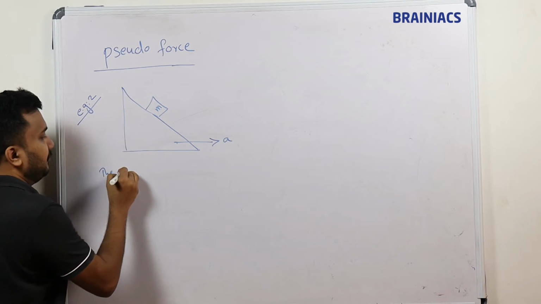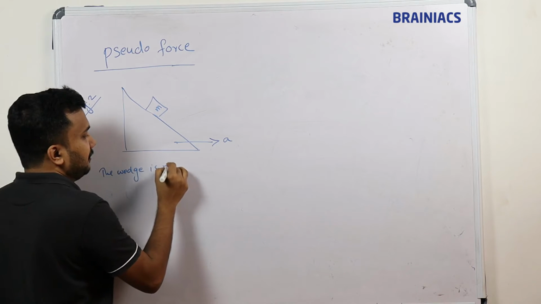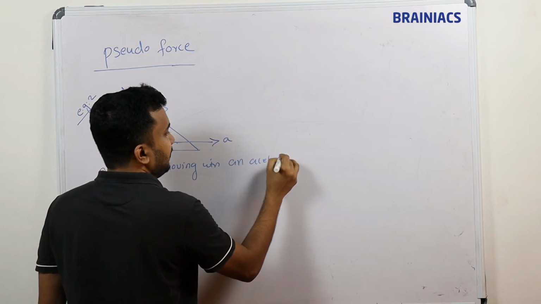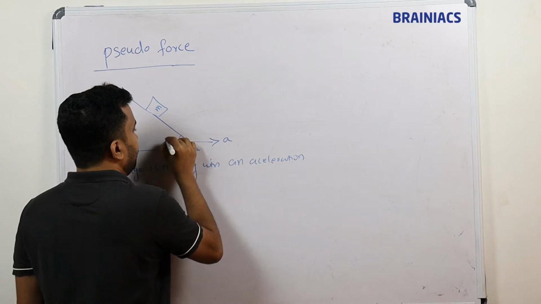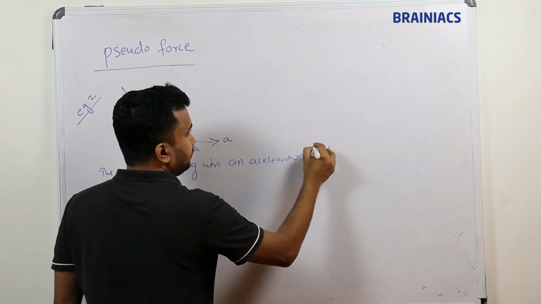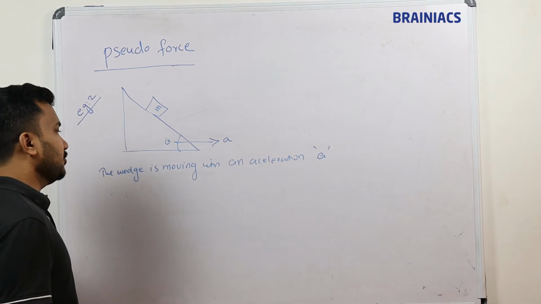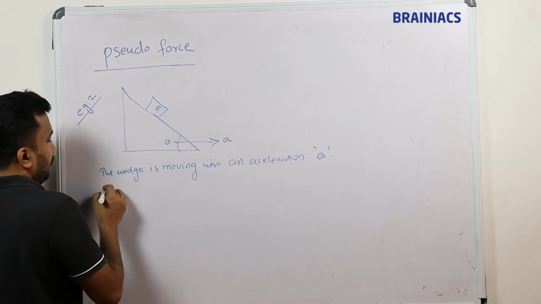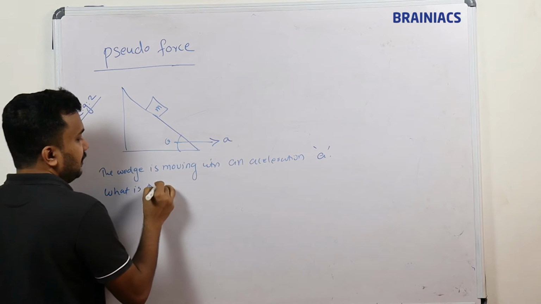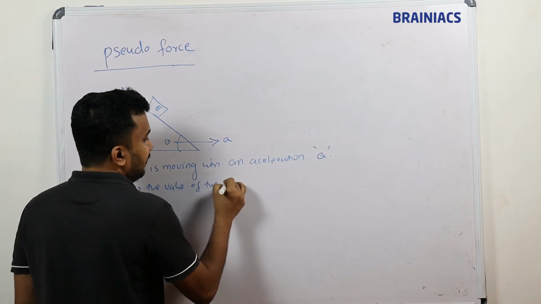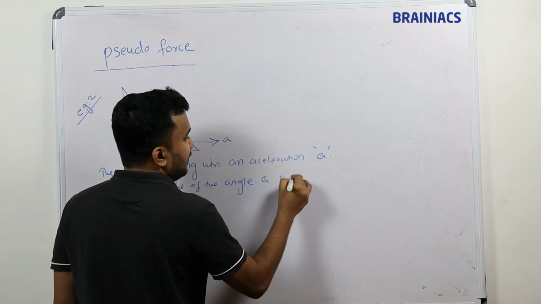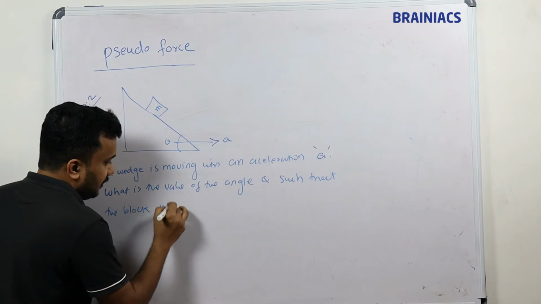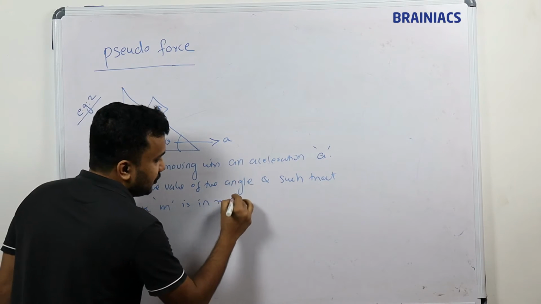So the question is, the wedge is moving with an acceleration A. What is the value of the angle theta such that the block of small m is in rest position?